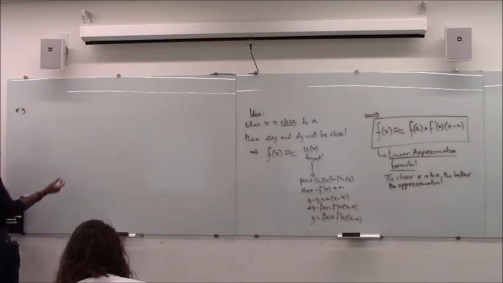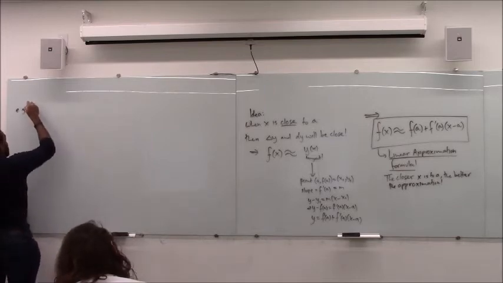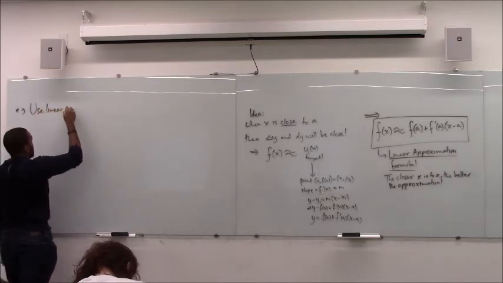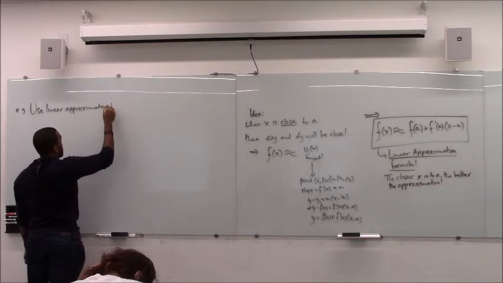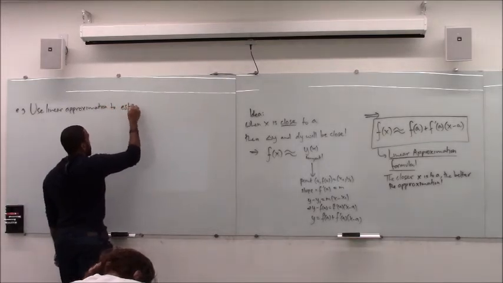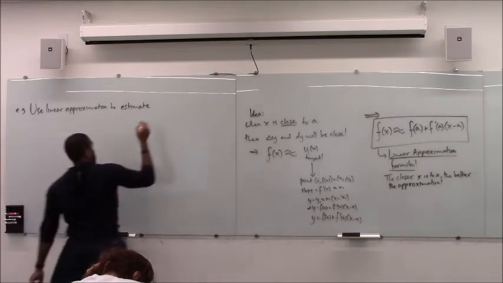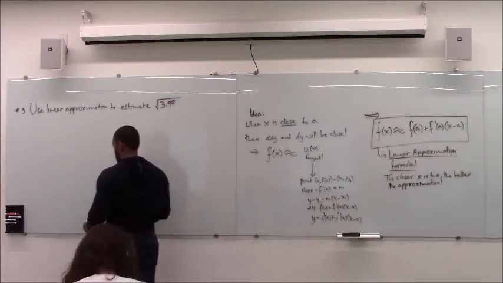So the problem I would ask you here would look very similar to how I asked in the bonus. Something like use linear approximation to estimate the value of this expression. 3.99, square root of 3.99.